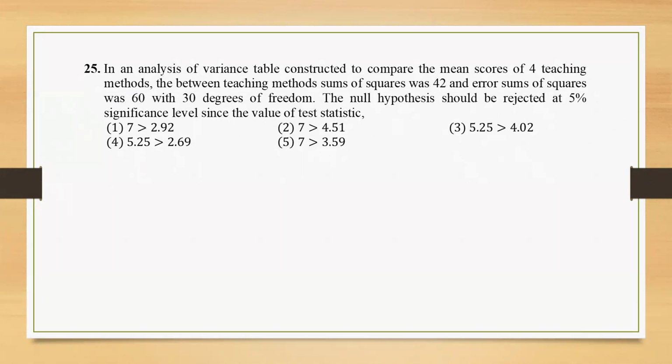In an analysis of variance table constructed to compare the mean scores of 4 teaching methods, the between teaching method sum of squares was 42 and the error sum of squares was 60 with 30 degrees of freedom. The null hypothesis should be rejected at 5% significance level since the value of the test statistic is so and so. There are 5 answers. Actually this is a very interesting question because there are 2 values, right?